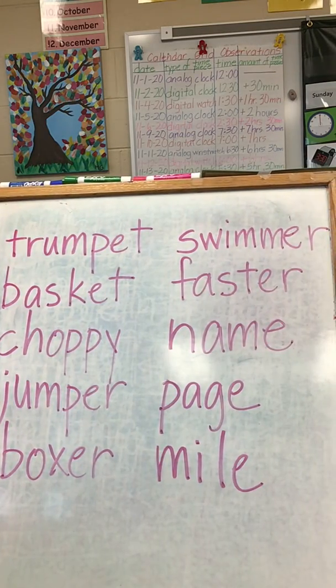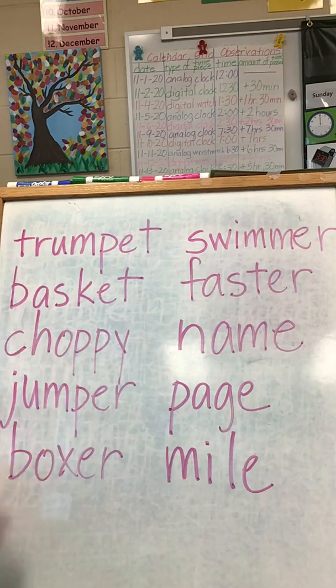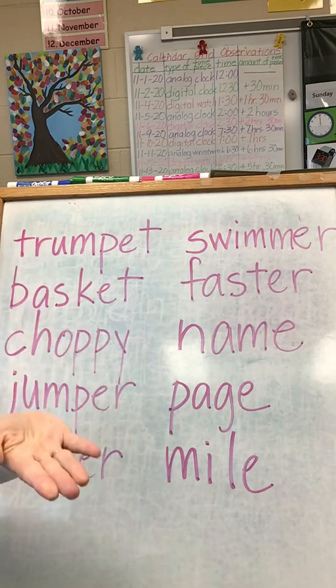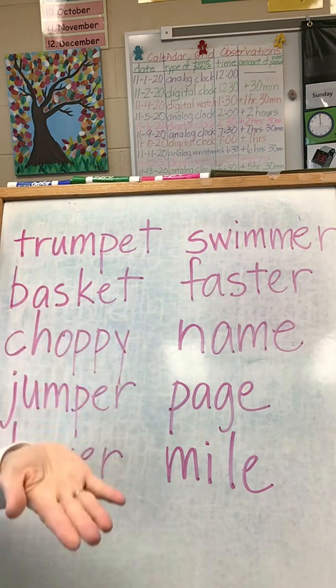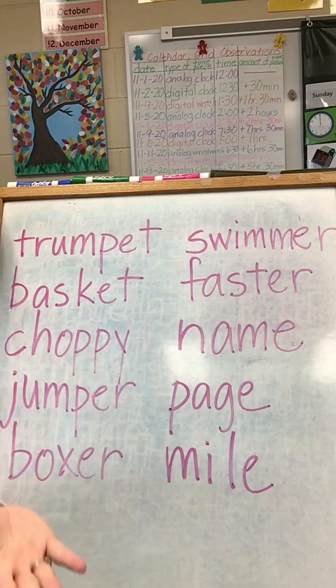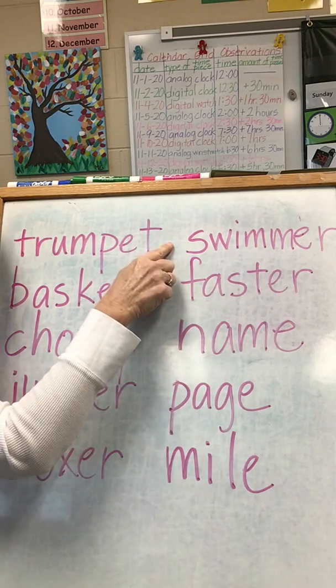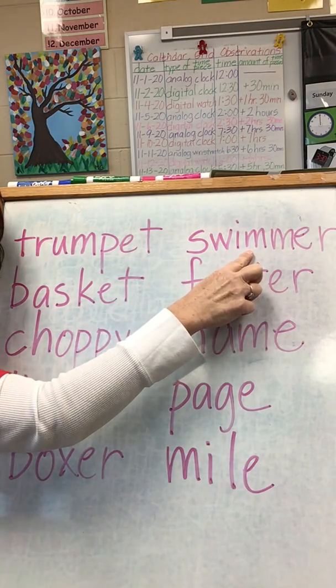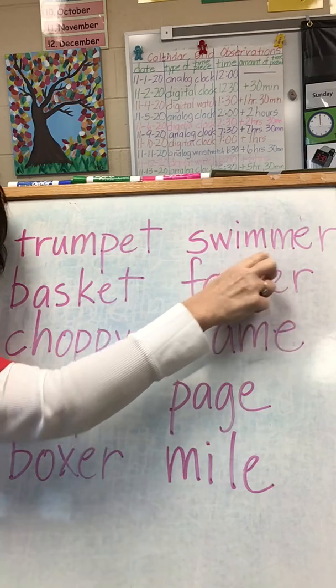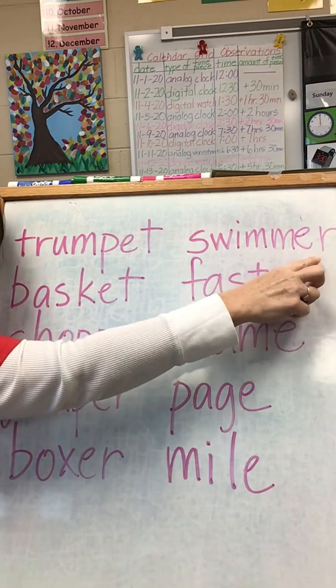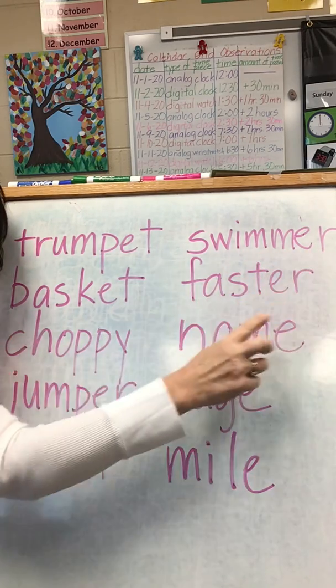Here we go. Repeat after me. Trumpet, basket, choppy, jumper, boxer, swimmer. Ooh, this is a 1 + 1 + 1. See how we had to double the M in swimmer before we added the vowel suffix?